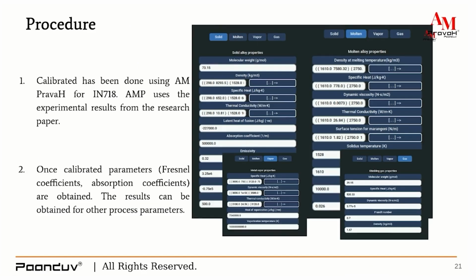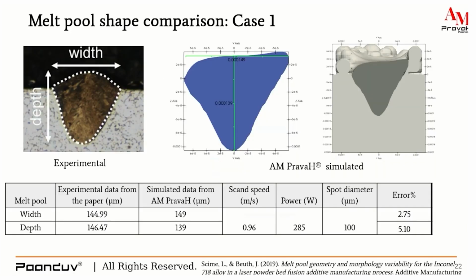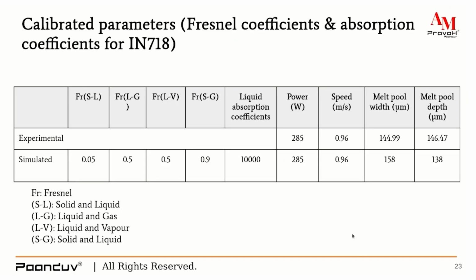After taking all these values, we run the simulation, and after a couple of hours you will get your results, and the results will look like this. We need to get a melt pool width of 158 micrometers and a depth of 138, and these are the experimental values that we got from the research publication.